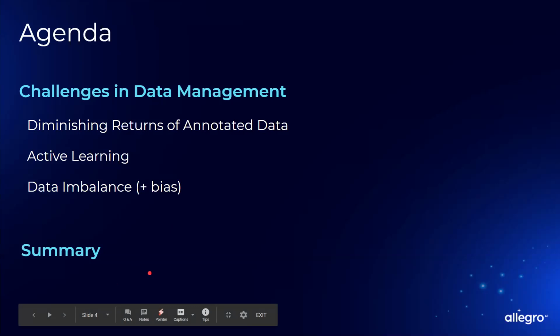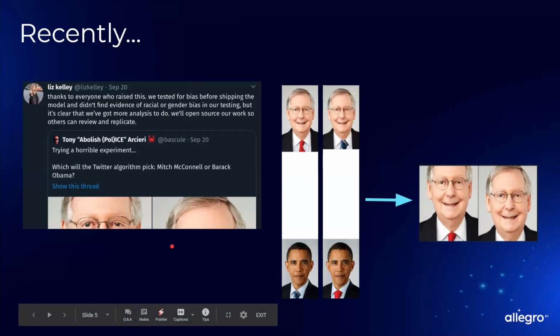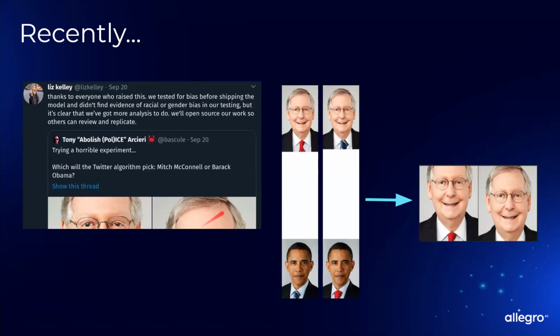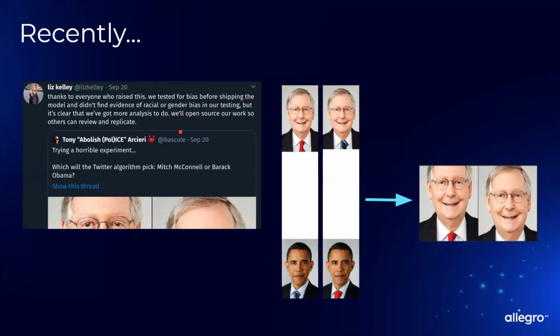Great. I don't know if you've heard, this is a very relevant subject. This weekend, there was an outcry on Twitter. Apparently, they have a deep learning algorithm, actually a pretty exciting one. I was very excited when I read the paper back in 2018. If you have a large picture and it has to be featured in your Twitter feed, it has to be cropped. So they do some smart cropping.